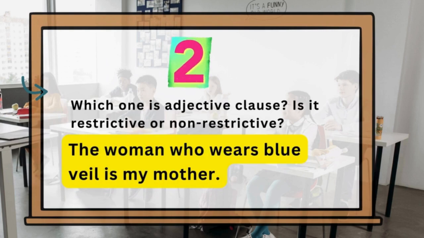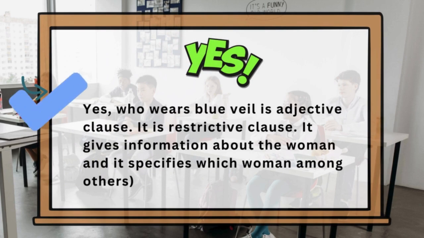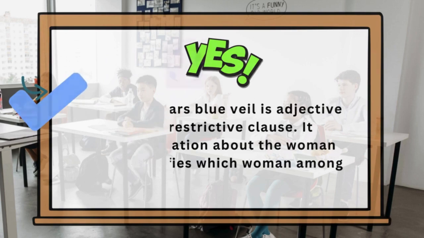Number 2. Which one is adjective clause? Is it restrictive or non-restrictive? Yes, who wears blue veil is adjective clause. It is restrictive clause. It gives information about the woman and it specifies which woman among others.